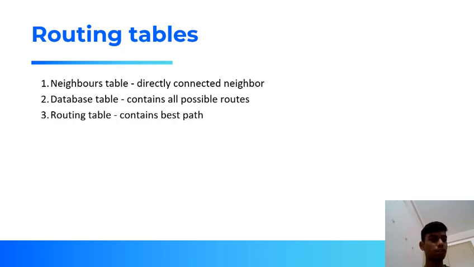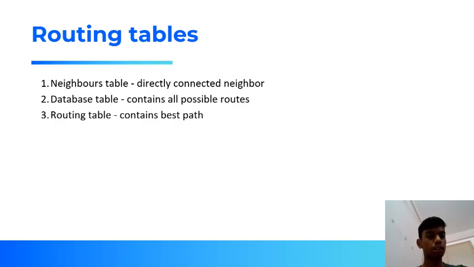OSPF has three sets of routing tables that show the best path between the source and destination node. The first is the neighboring table, which has the list of directly connected neighbors. Followed by it is the database table. It contains all possible routes between the current node and all the other routers.